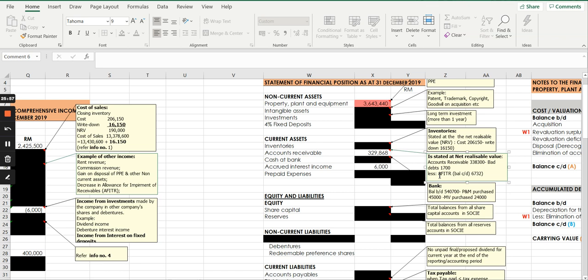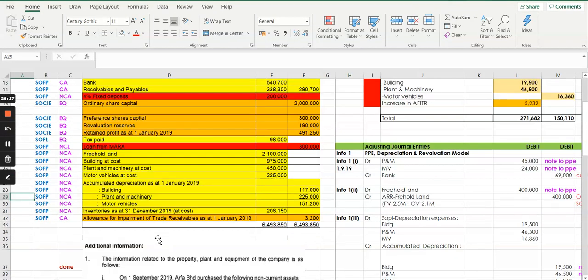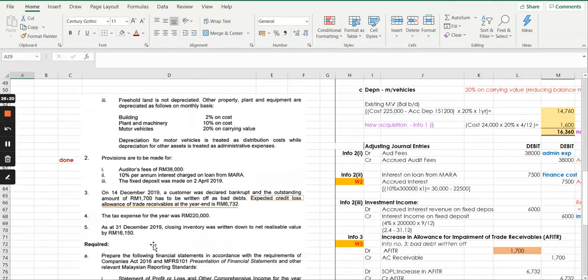And now you need to deduct the allowance for impairment credit balance, the 6732 given as expected credit loss at the end of the year. And you get 329,868. Done with that. Now we will go on looking at the last adjustment given in the question. This is done already.